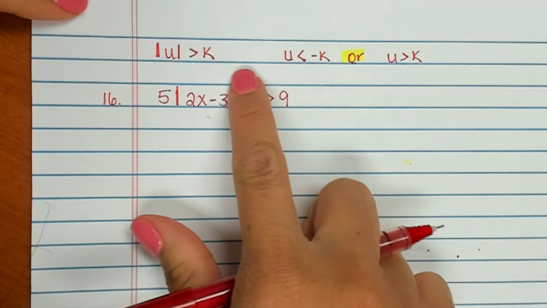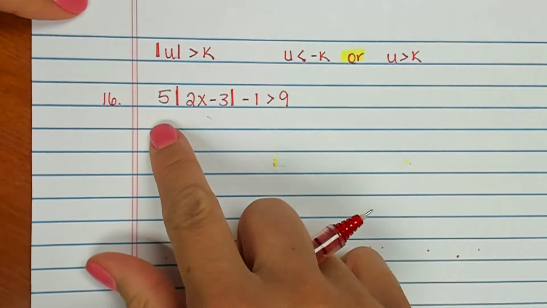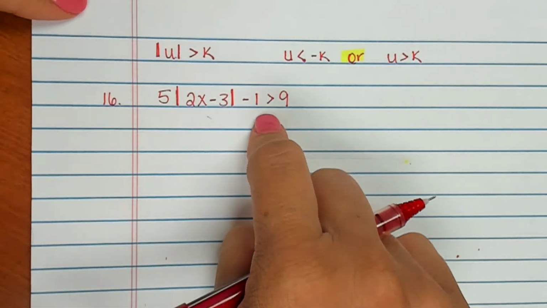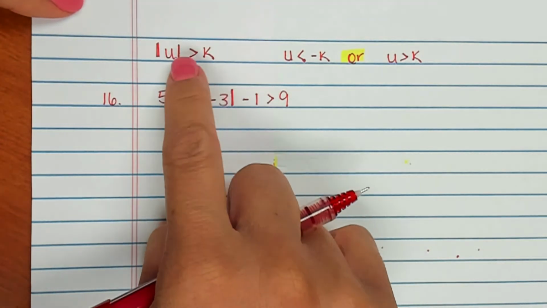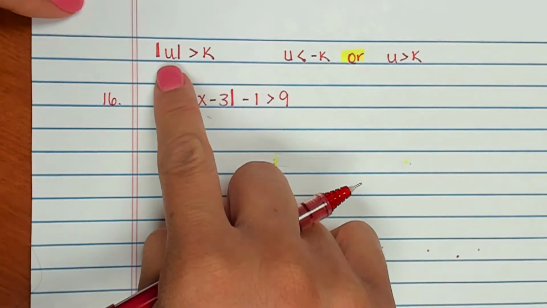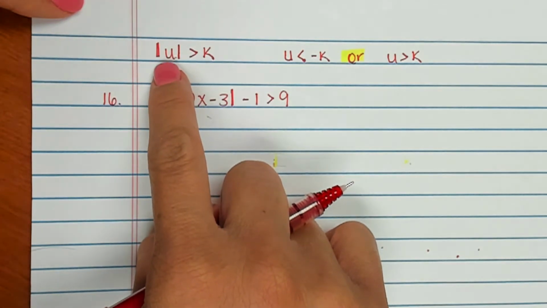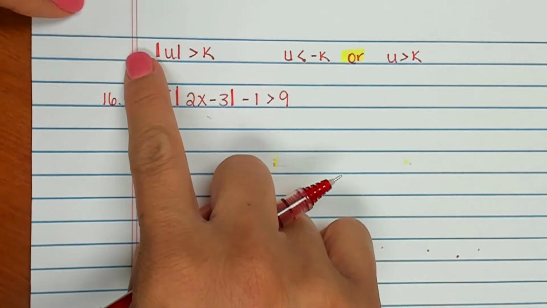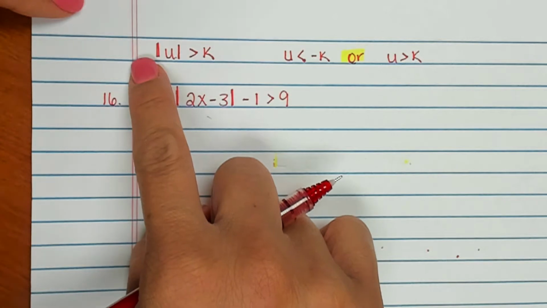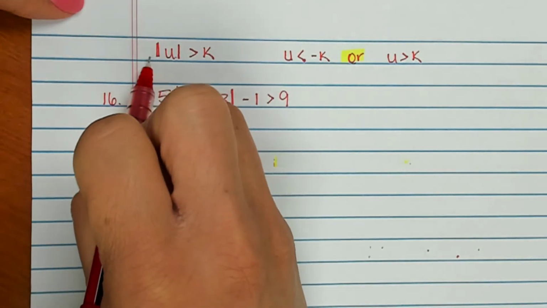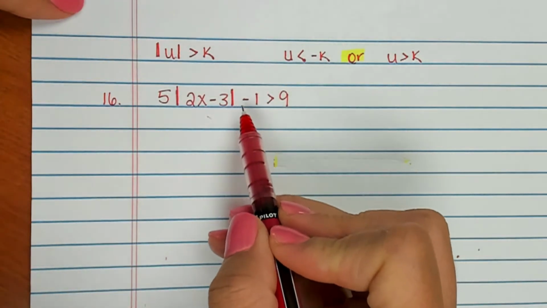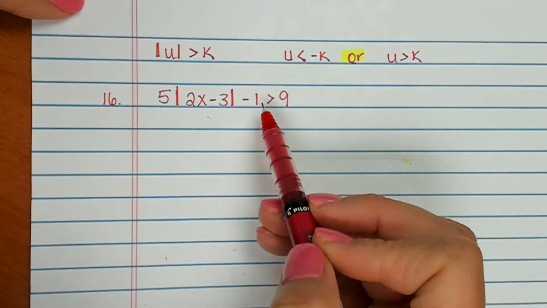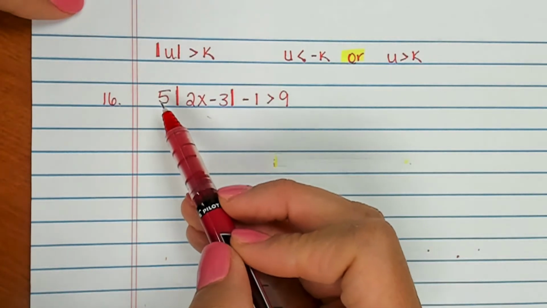Now, before I can apply this rule, I've got to make sure that my inequality looks like this. It looks similar, but it is not exactly the same. What I notice is that my absolute value here is not isolated. I have a coefficient out front, and I have minus 1 behind the absolute value, unlike the rule. So I need to move that minus 1, and I need to move that 5.